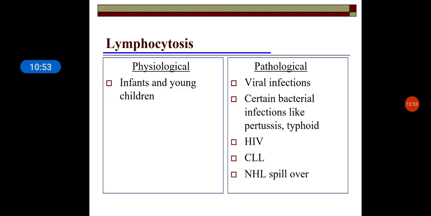Then pathological causes are viral infections, certain bacterial infections like typhoid, pertussis, etc., HIV, chronic lymphoid leukemia, and non-Hodgkin's lymphoma, when you get a spillover into the peripheral blood from the bone marrow. Okay, all these things we will deal with in detail in the future classes.